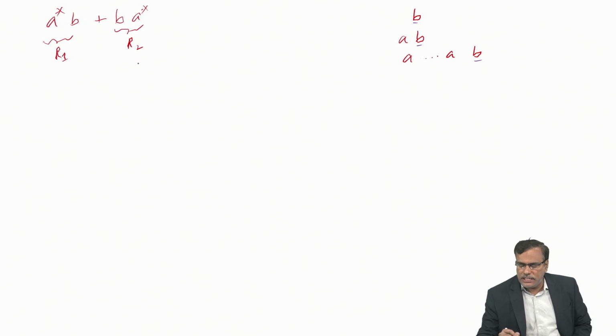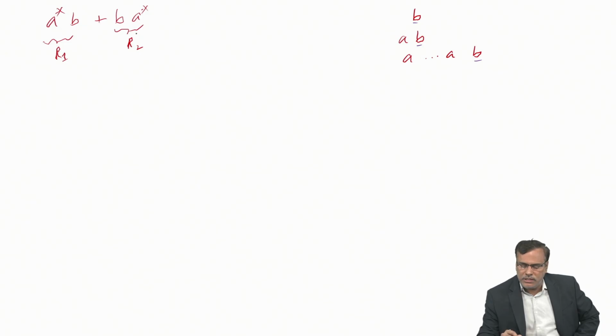If I take the second part, that is R2, it has B A star. From this part, if I take the star value as 0, that means no A, then you are just going to get B itself. That one I have already written here.